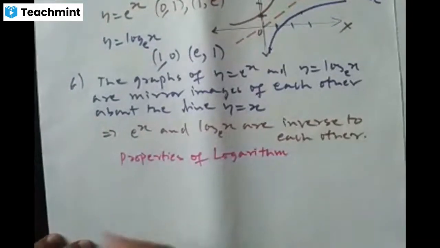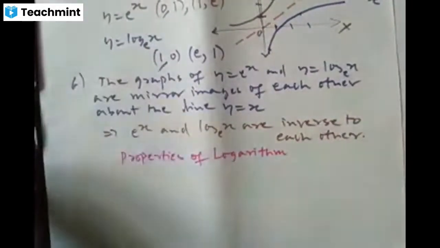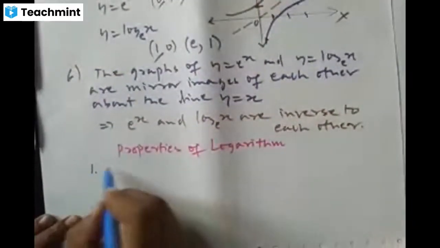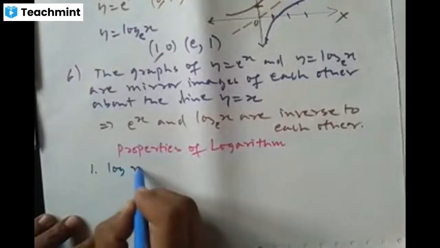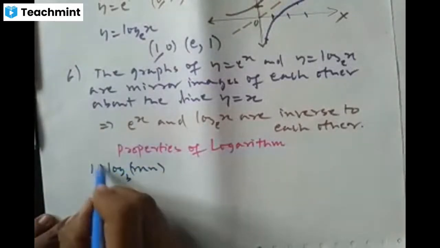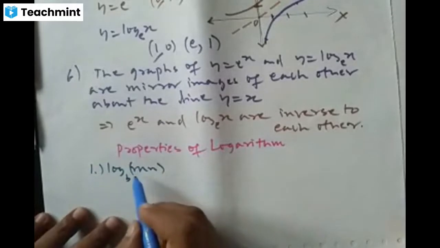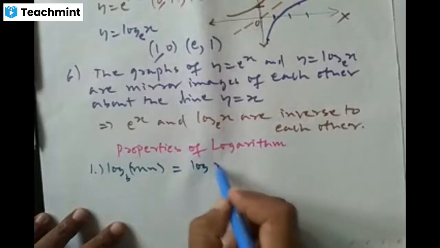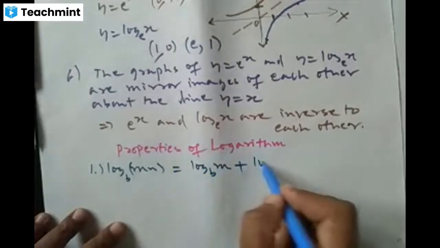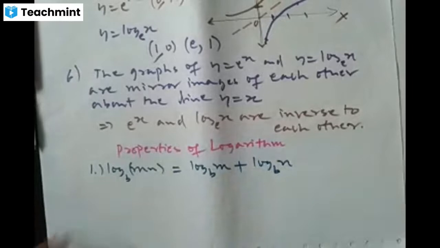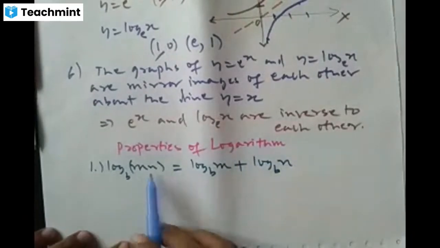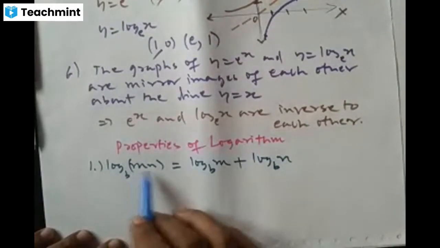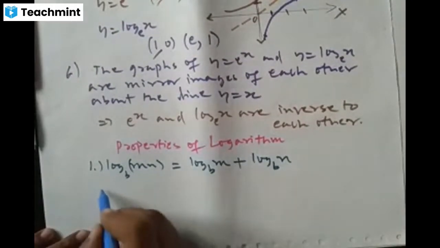The first one: property number 1, logarithm of m into n to the base b is equal to log m to the base b plus log n to the base b. Logarithm of a product of two numbers is the sum of their logarithms. Of course, here I have taken only two numbers. You can generalize this also.